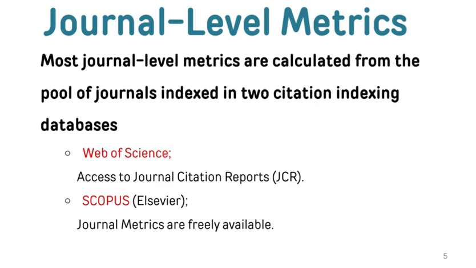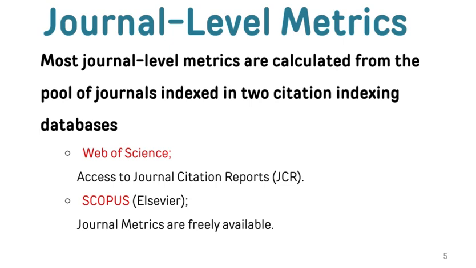Most journal level metrics are calculated from the pool of journals indexed in two citation indexing databases. These include the Web of Science and Scopus. The Web of Science mainly provides access to Journal Citation Reports, which can be seen annually for each journal.